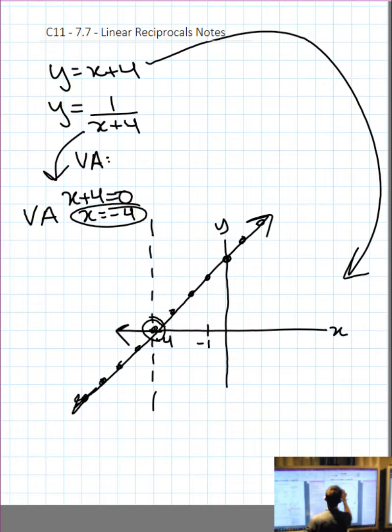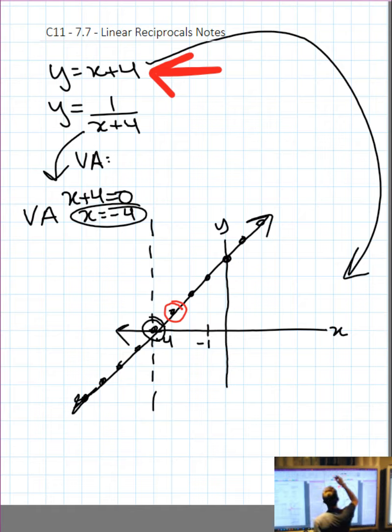So, let's take the equation above, x plus 4, in our head. When that graph has a y value of 1, I'm going to circle it.